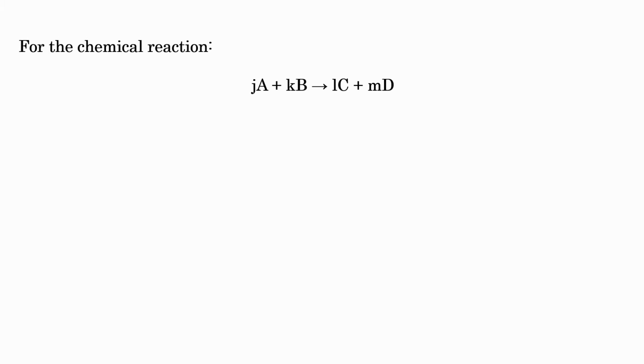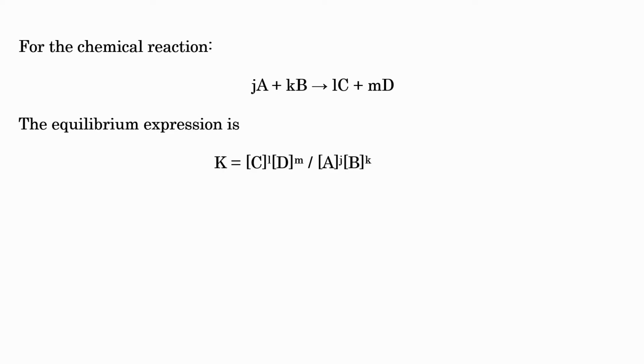For the chemical reaction, jA plus kB yields lC plus mD, the equilibrium expression is written as K is equal to the concentration of C raised to the l power times the concentration of D raised to the m power divided by the concentration of A raised to the j power times the concentration of B raised to the k power.